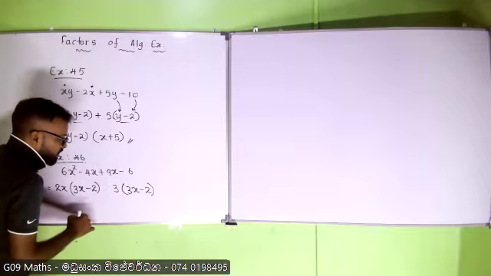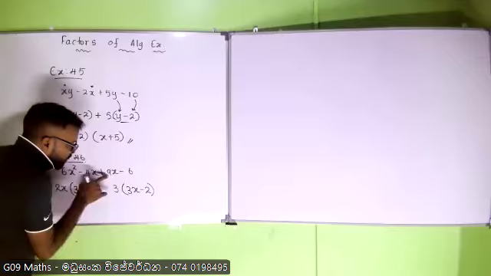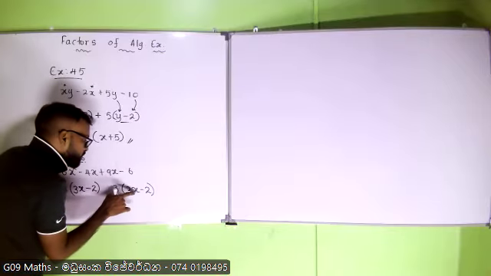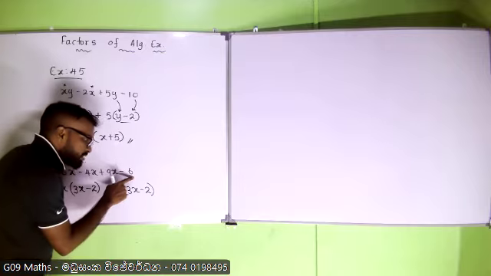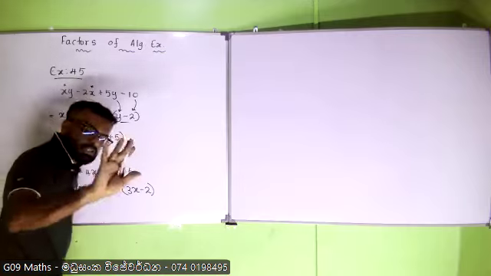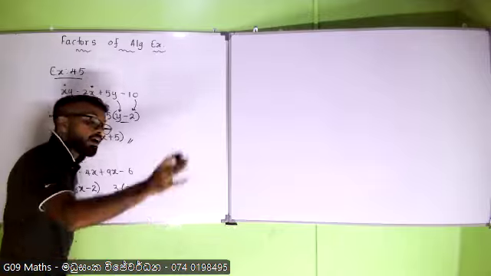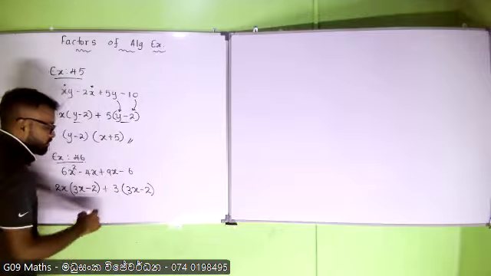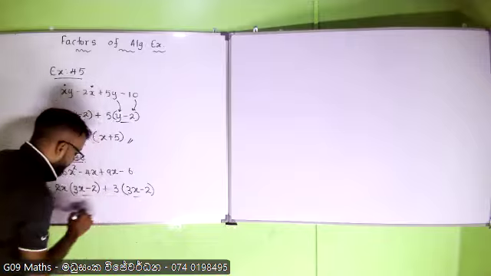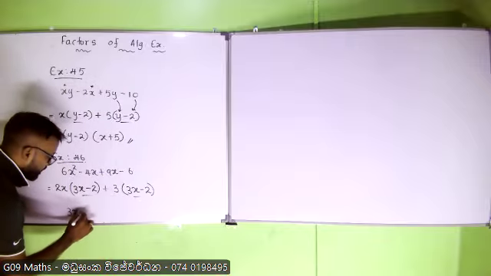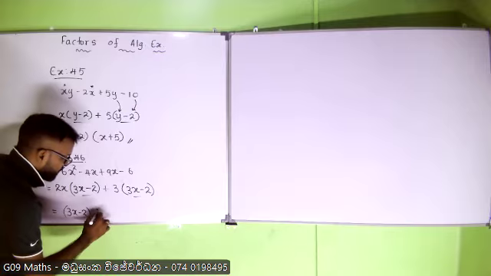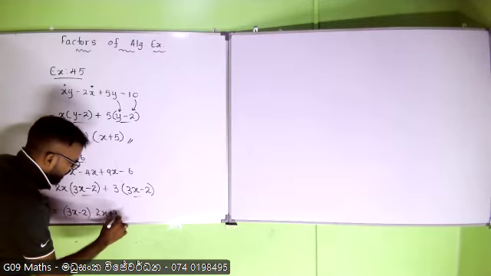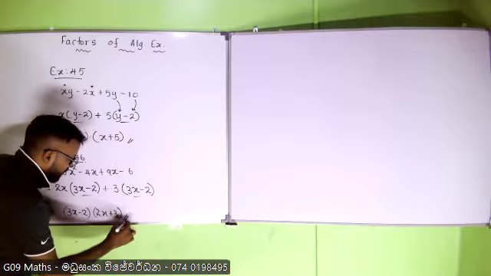Done. Positive 9x becomes positive 3x, no sign changes happen. Negative 6 becomes negative 2, no sign changes happen. Take the positive sign now. So done: 3x minus 2, 3x minus 2, equals 3x minus 2 times 2x plus 3. Done.